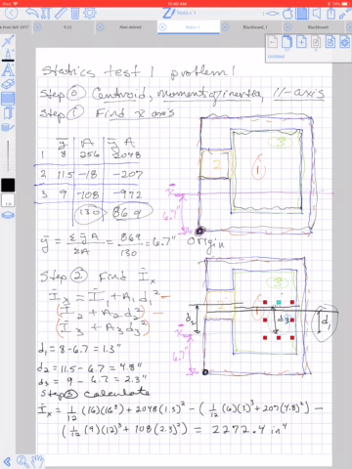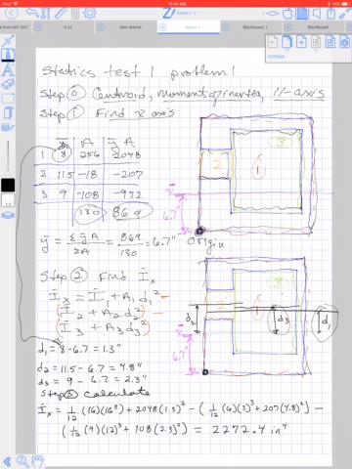I can simply do that by taking the y bar from the origin, circle up here, minus the y bar that we found in part 1.